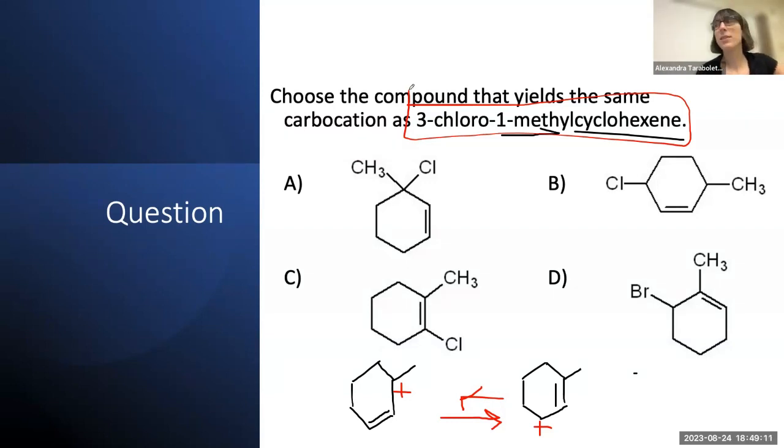So really what this is saying is, which one of these other scenarios, if I did a substitution, I remove the chlorine and I make a carbocation, would result in this scenario at the bottom? Or at least a form of this scenario. That's all it's saying. Anyone have an idea of which one? Yeah, go ahead.